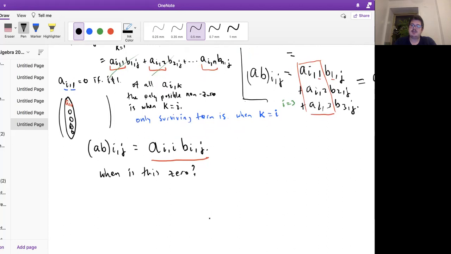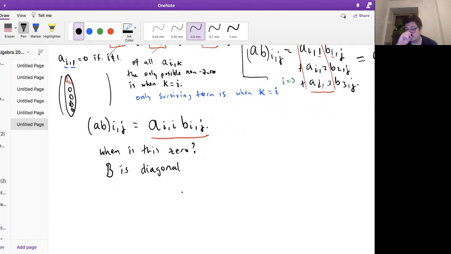So (AB)_ij is equal to A_ii times whatever B_ij is. That's what we just established. So if we know that B is diagonal, what can you say? What do you know about B_ij? When is B_ij equal to 0?